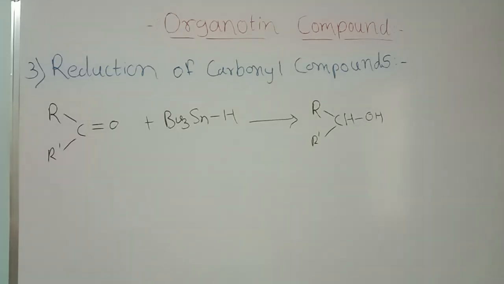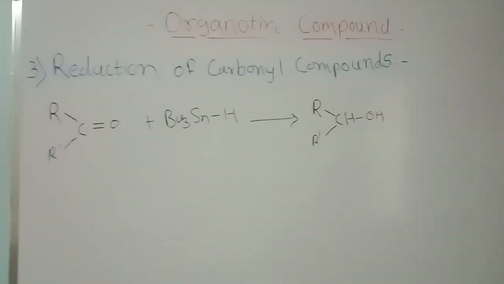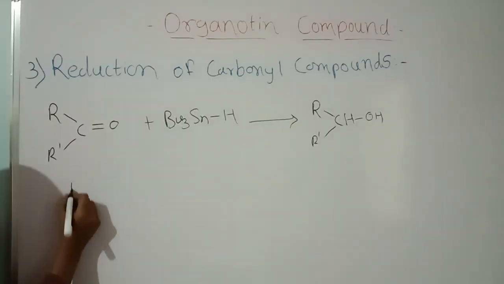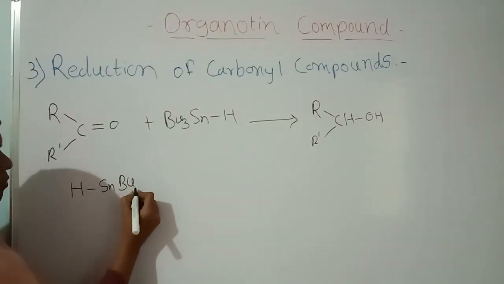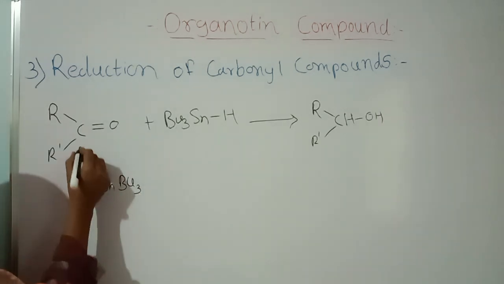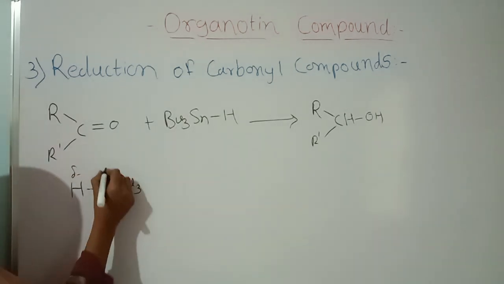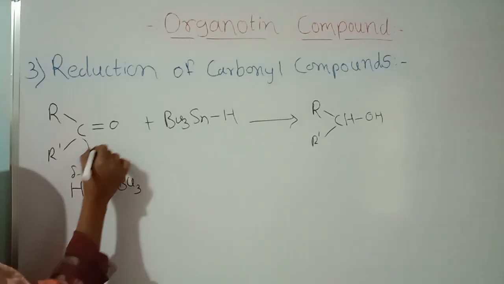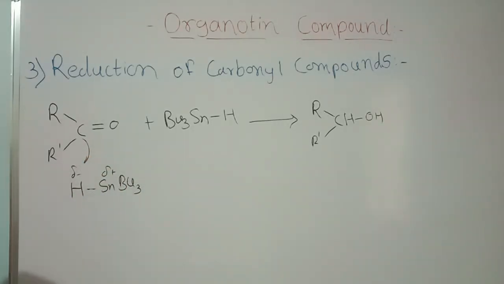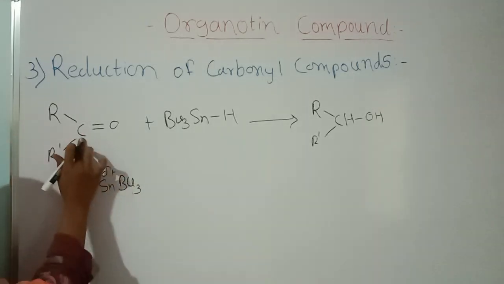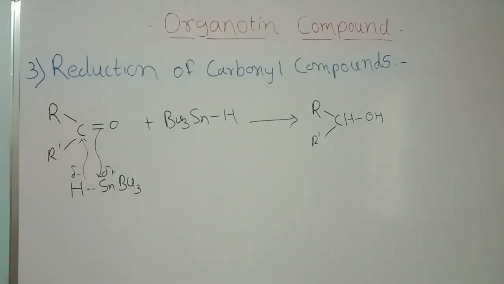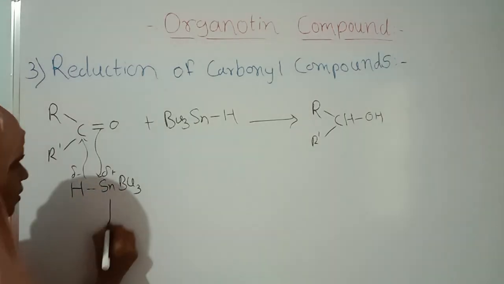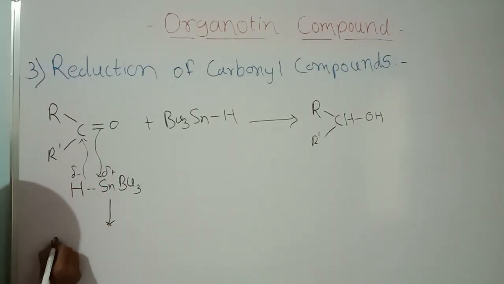Now we discuss the mechanism. Again, see, free radical type of mechanism. Okay, negative and containing positive charge, or simply, then what will be the product? What will be the next step?